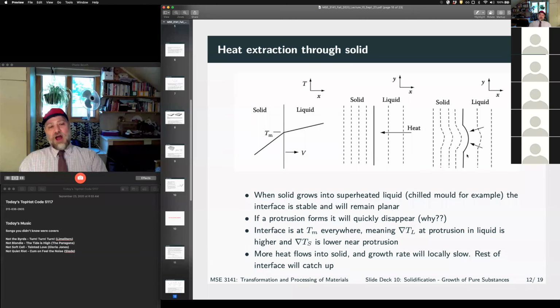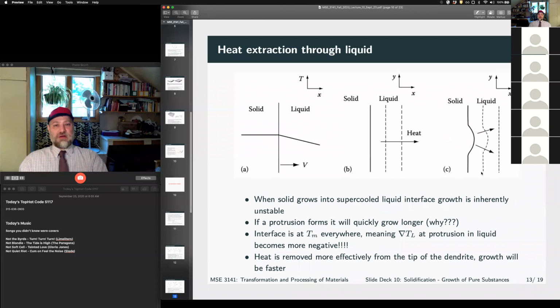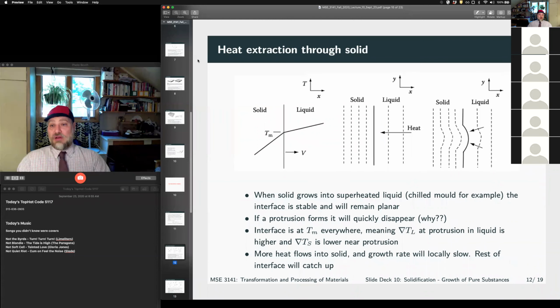Why does this interface velocity slow when my thermal gradients change? Right, so we'll have to talk about that a little bit because that's the easier case, right? When we talk about where we get these runaway instabilities, it's the other way around. Okay, so we'll see everyone Friday.